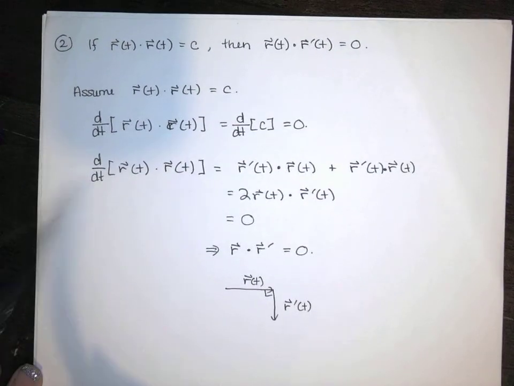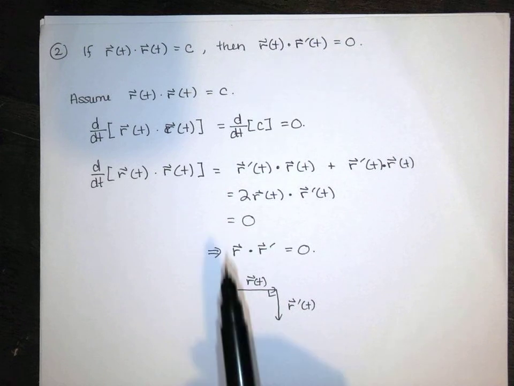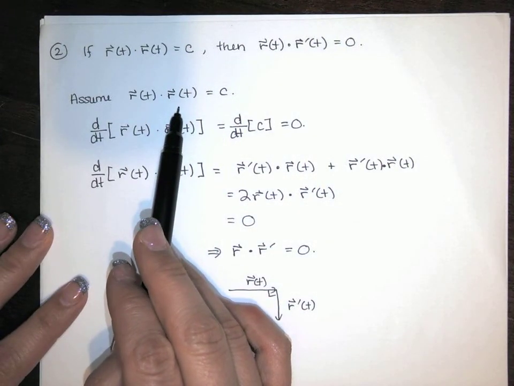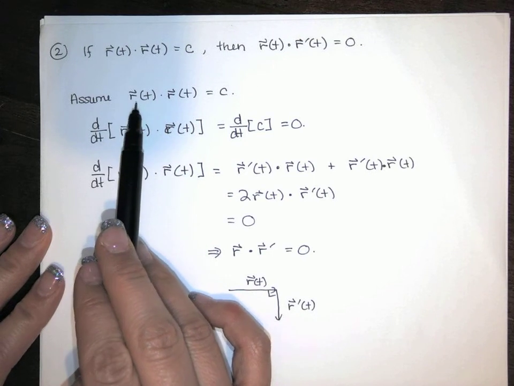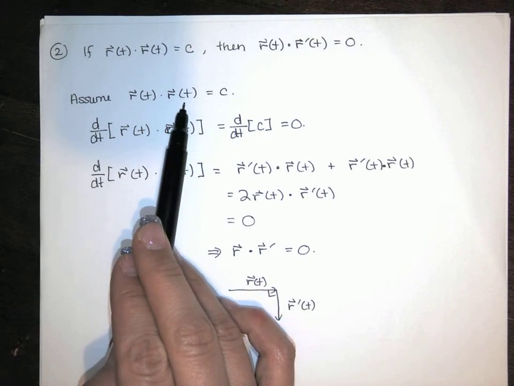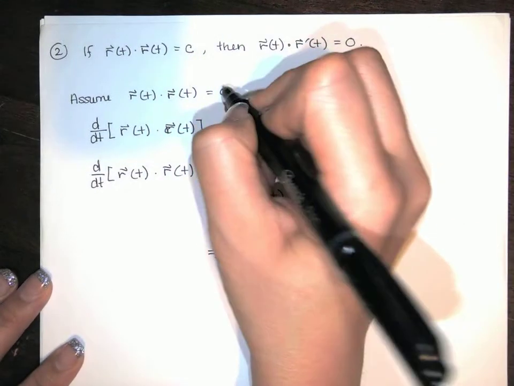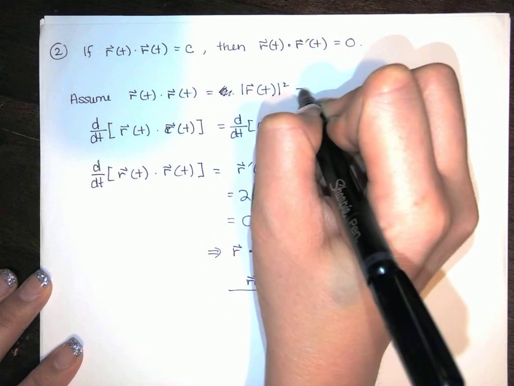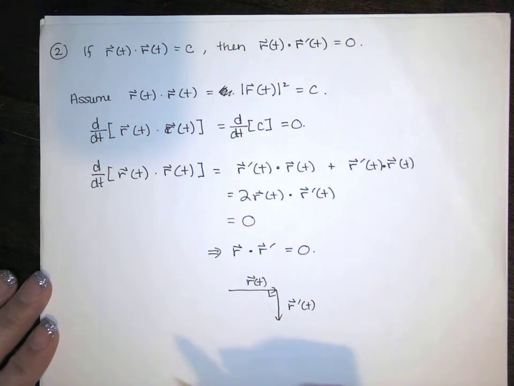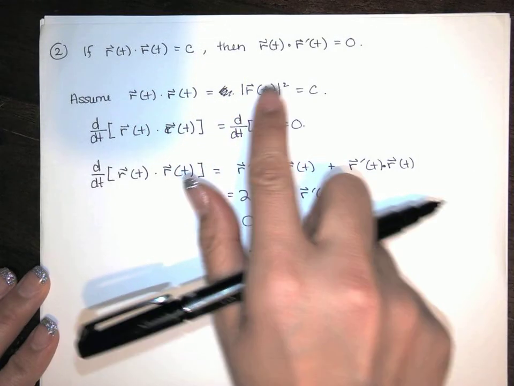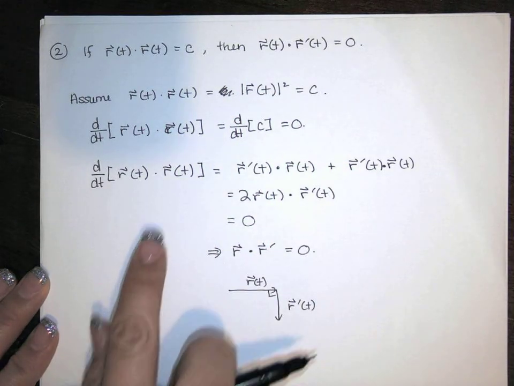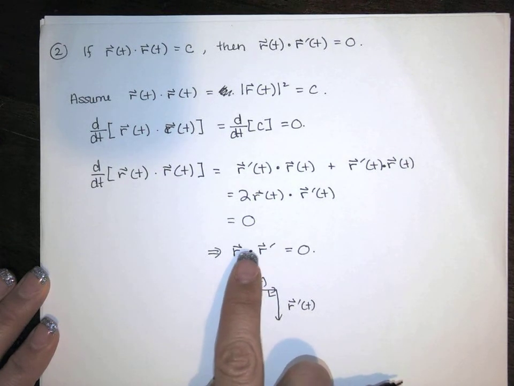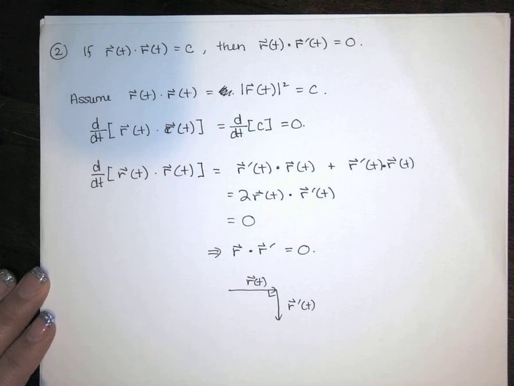Okay. Now one other thing that we can talk about here is what this means. Remember r dotted with r: if I take a vector and I dot it with itself, I get the length of that vector squared. And we've proven that before. So what we're saying is if the length of the vector is a constant, then if I dot r with its derivative, I'll always get 0.